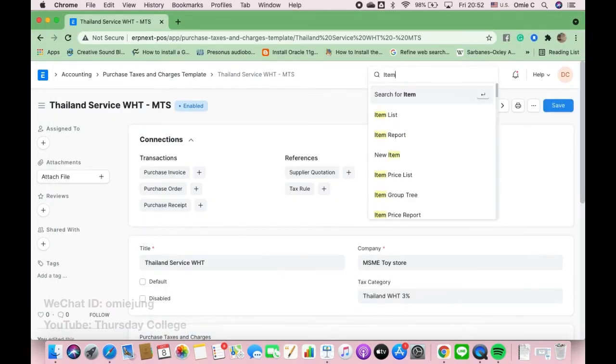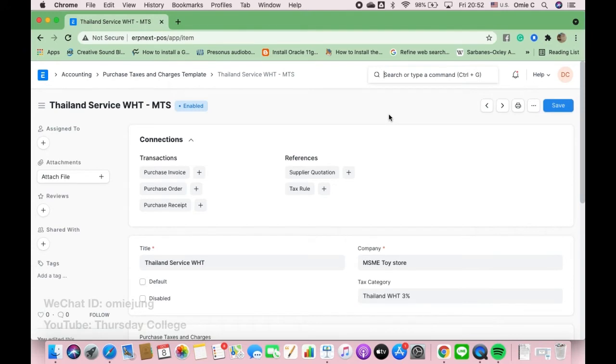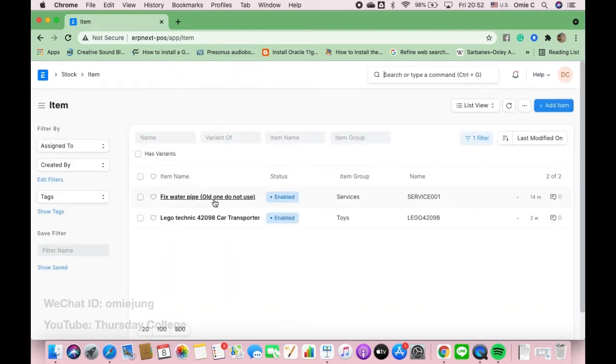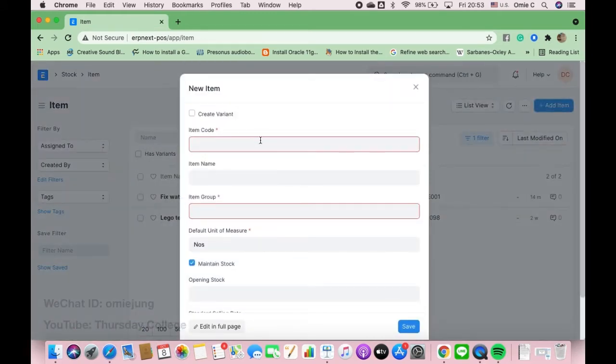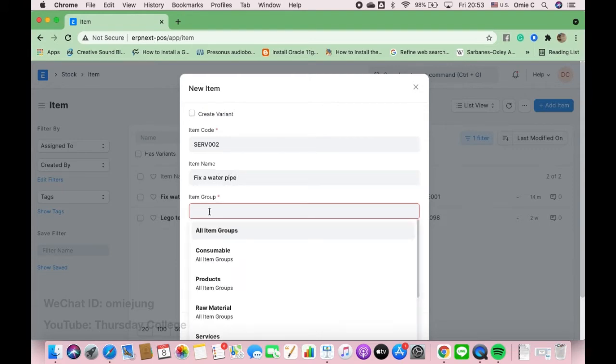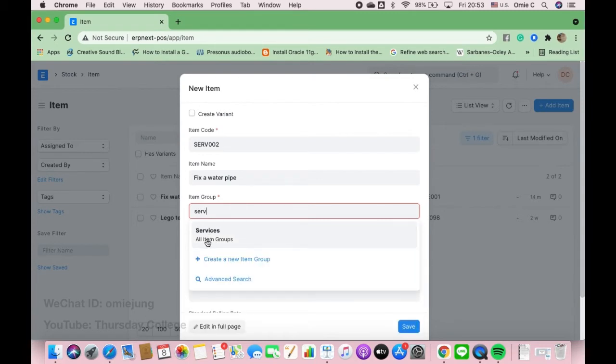The last one is the item. An item is just like the product you sell, but this is a service item. In the item list I have the fix water pipe, this is the old one, so I just create a new one to show you. I add the item, service 002, because 001 I already used in my trial. I name it fix water pipe, item group is services, and the default unit is numbers.